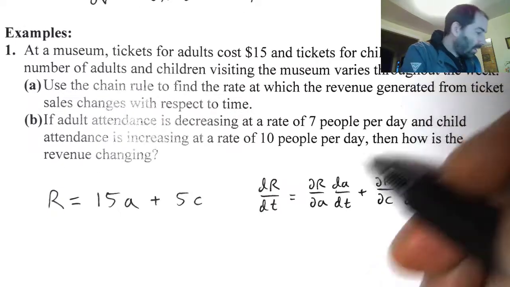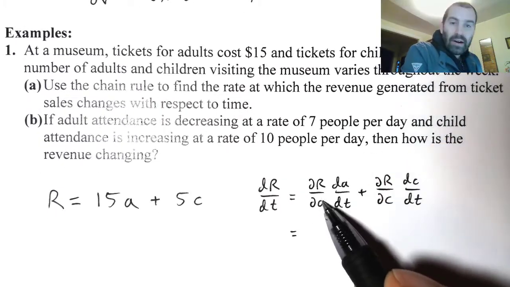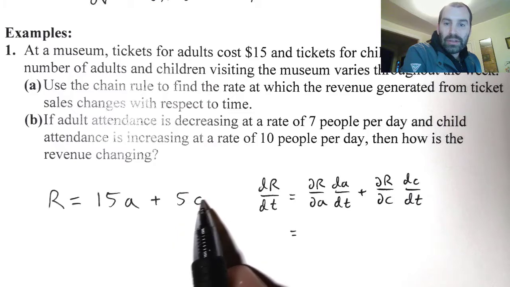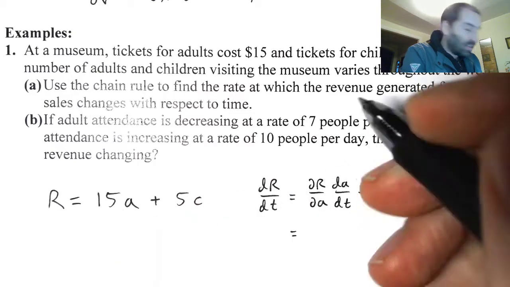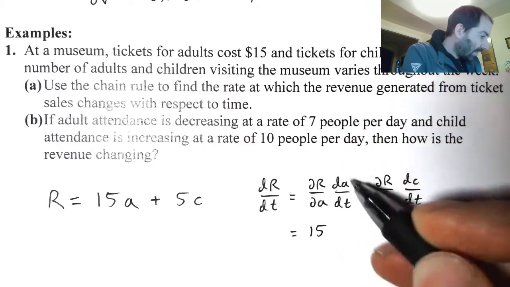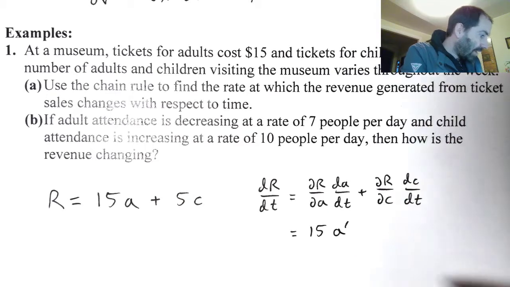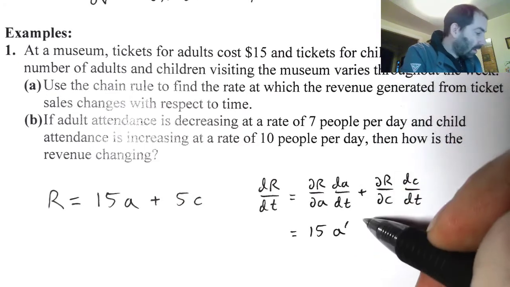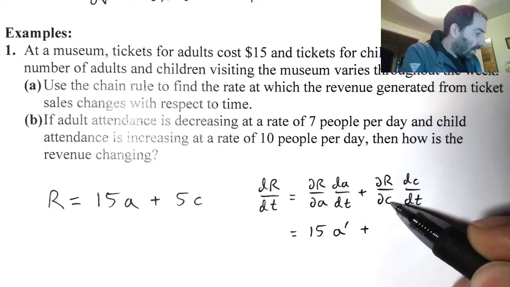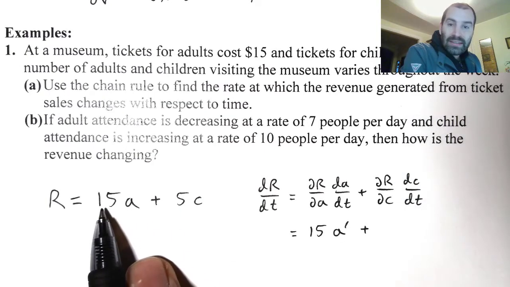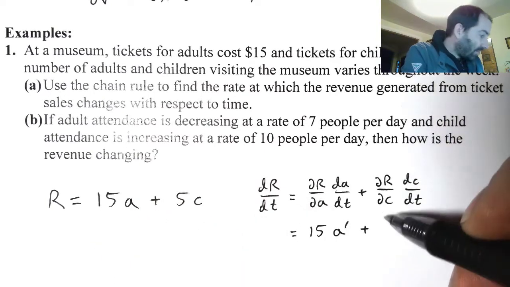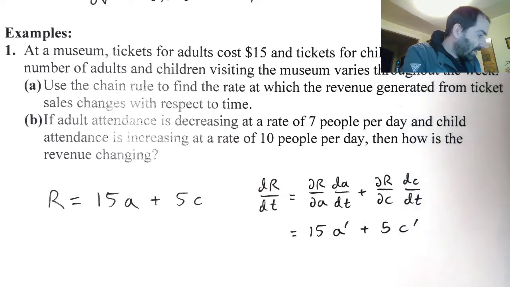For dR/dA, I treat C as a constant, so when I differentiate, I just get 15. And then I have dA/dt, which we can just write as A prime. For dR/dC, I treat A as a constant, so that's gone. I just get 5 times dC/dt. Okay, so that's part A.